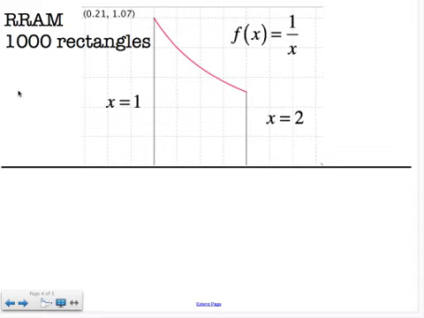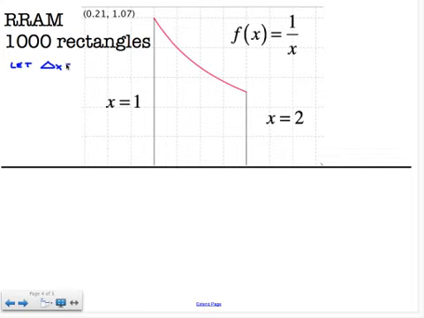So remember, the first thing is to subdivide your interval into pieces. And I'm going to create a symbol here that we're going to use throughout this calculation. So how wide is each subinterval? Let's call that width delta x, like change in x.